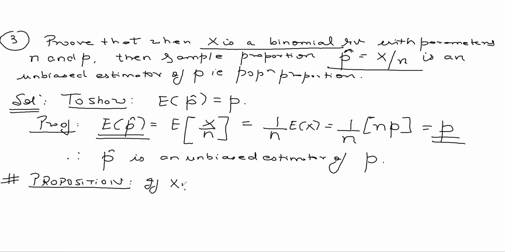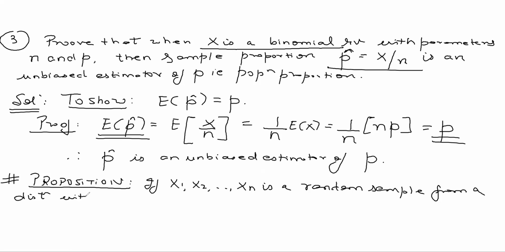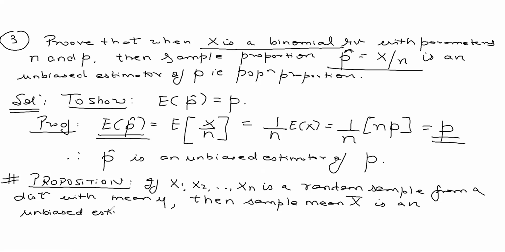If x1, x2 to xn is a random sample from a distribution, it can be any distribution with mean mu, then the sample mean x bar is an unbiased estimator of the population mean mu.